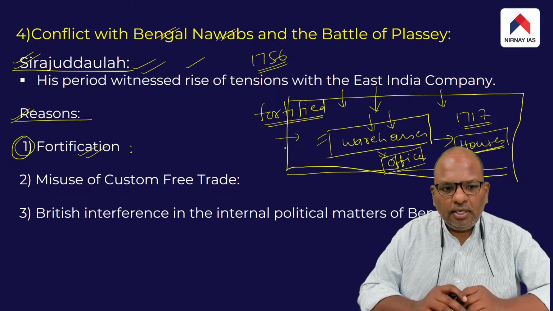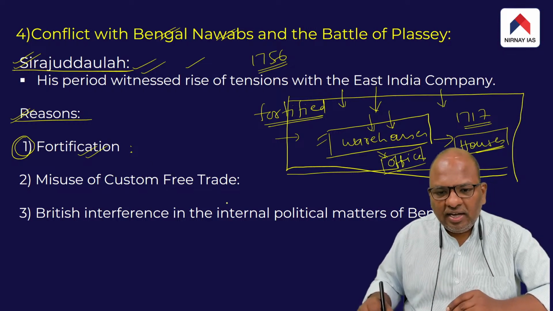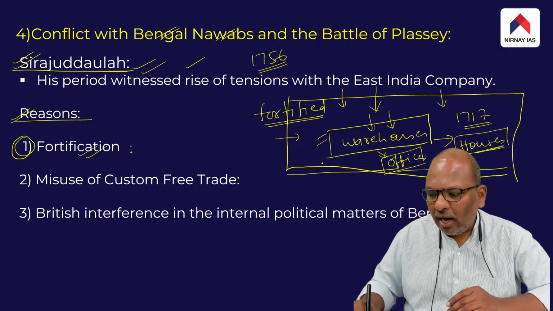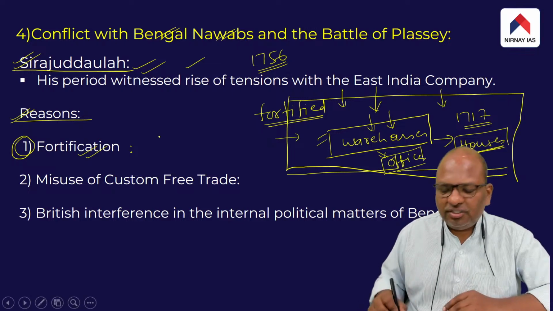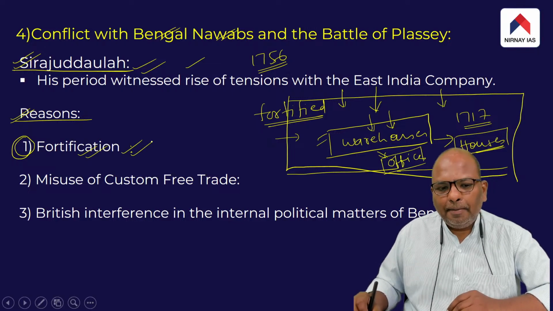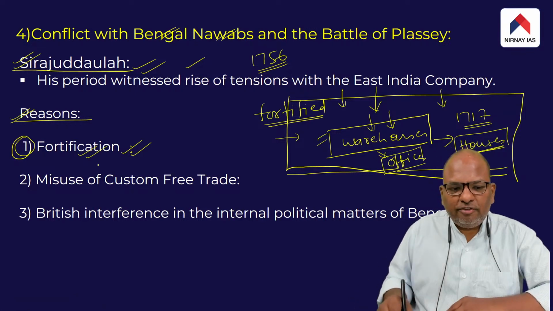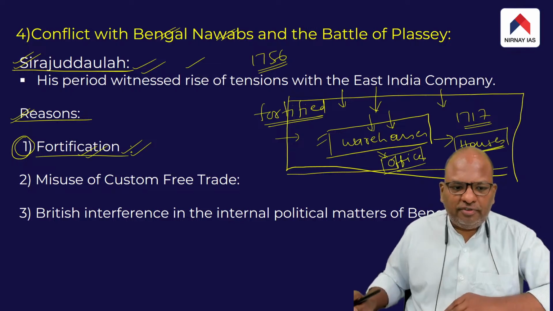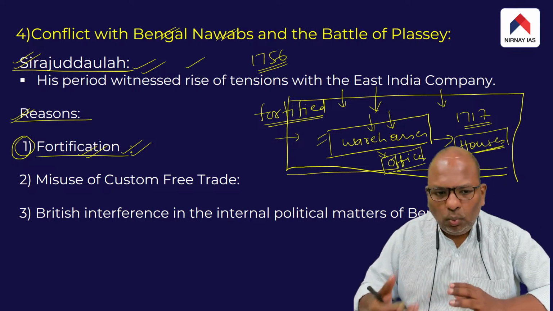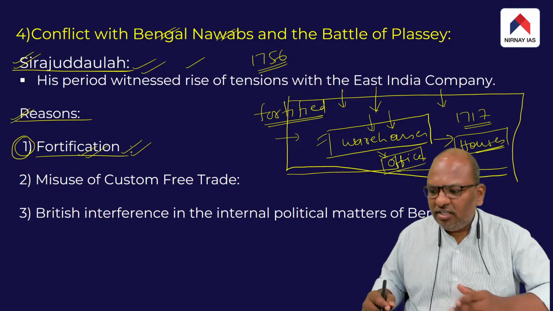The other European trading companies accepted this order, but not the British. The British refused to stop their fortification. This became reason number one for the outbreak of a conflict between Siraj and the British.